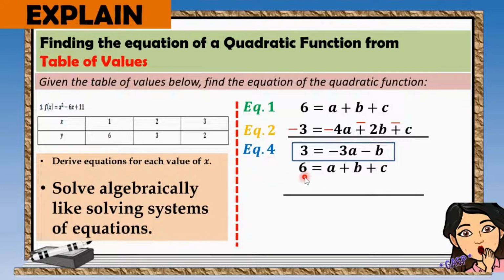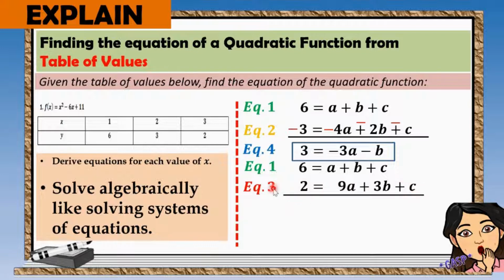Next, we have equation 1 again. We will match it with equation 3, which is 2 equals 9a plus 3b plus c. So, subtract equation 3 from equation 1.